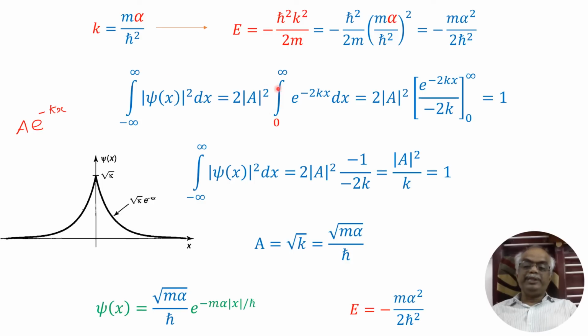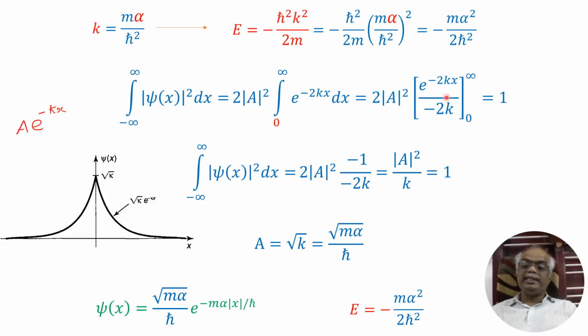Now if you integrate this exponential term, you will get 2 modulus A squared. This 2 comes, as I said, because of the change in integral limit. If you integrate this exponential term, you will get e power minus 2kx divided by minus 2k within the limit 0 to infinity, which must be equal to 1.